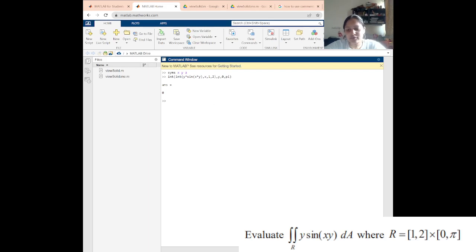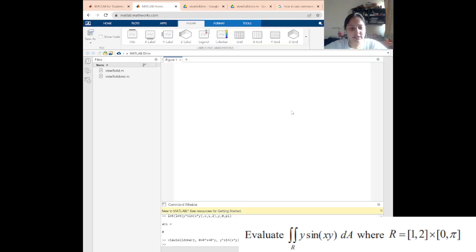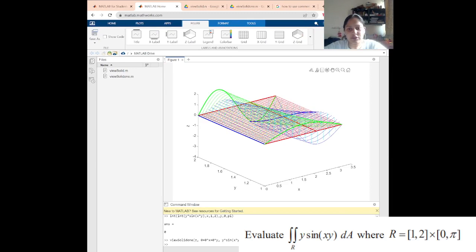So this is the equation for the view solid one. As you can see, x is not a constant here, so we use that and we get the figure now. So this is the figure that we have. As you can see, everything is overlapping.